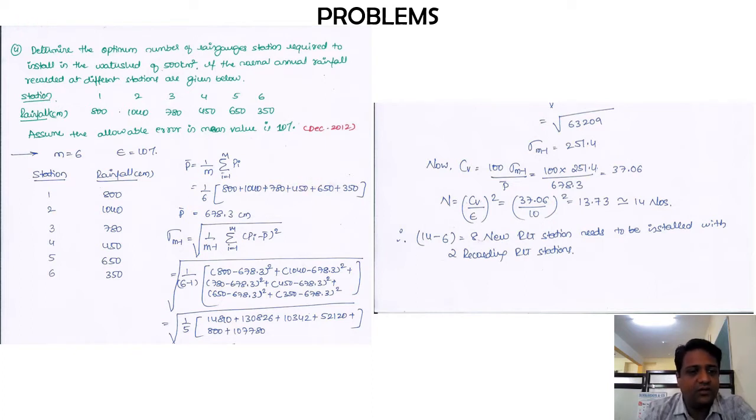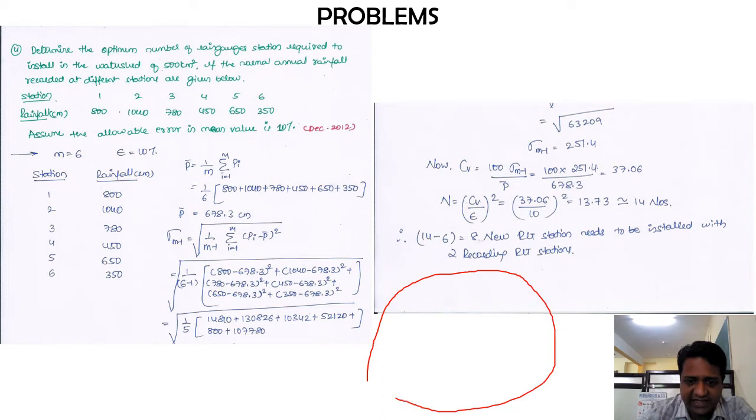Now let's try to visualize what this question is. If I try to draw this as the catchment area on which we are working, imagine we have six rain gauge stations: one, two, three, four, five, and six.